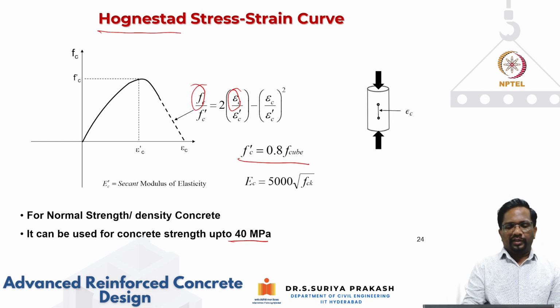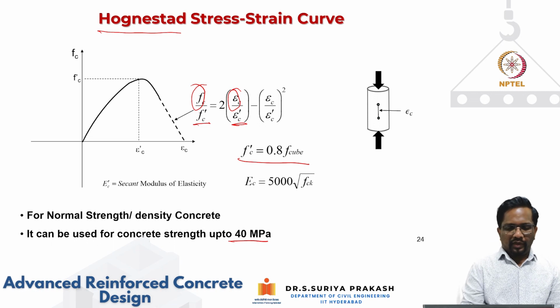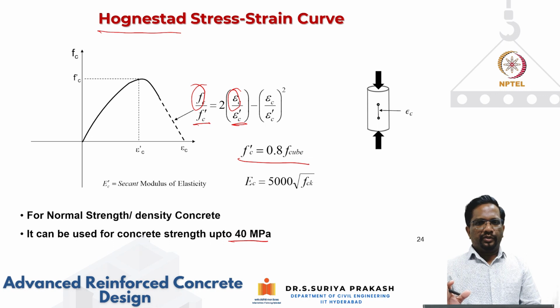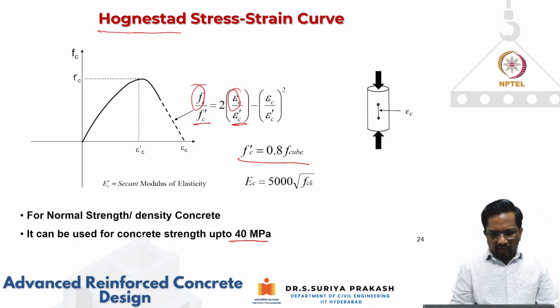That is the intention of this equation. If I know F prime C and epsilon prime C, then if I keep changing my epsilon C, I can get my Fc. Epsilon prime C, as I explained in the previous slide, is usually taken as 0.002 for concrete strength up to 40 megapascal.